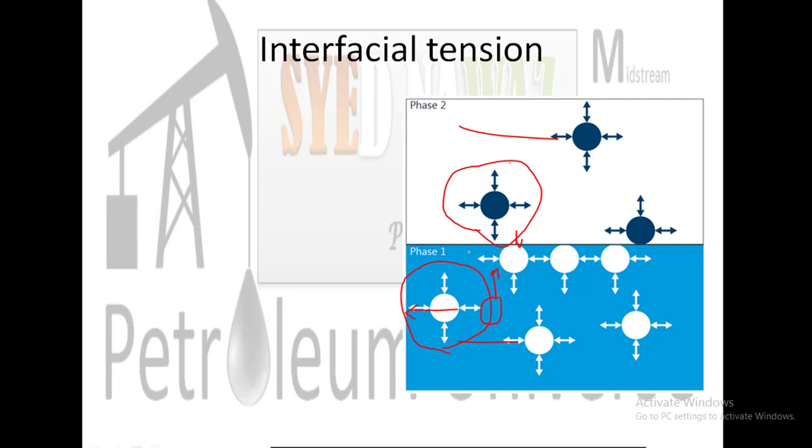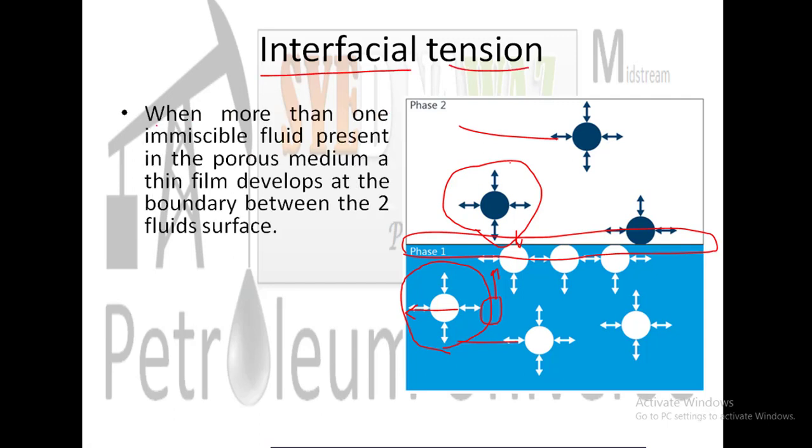Okay, so at this particular level, if you find any kind of force generated between two fluids, then that is considered to be an interfacial tension. Okay, right. So the same thing I wrote over here: when more than one immiscible fluid is present in the porous medium, a thin film develops at the boundary between two fluid surfaces.